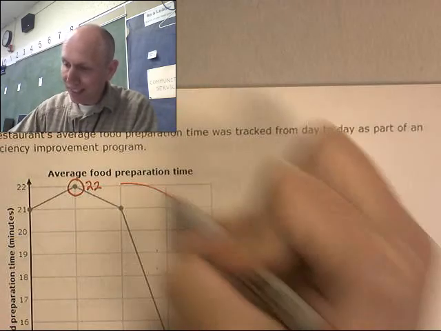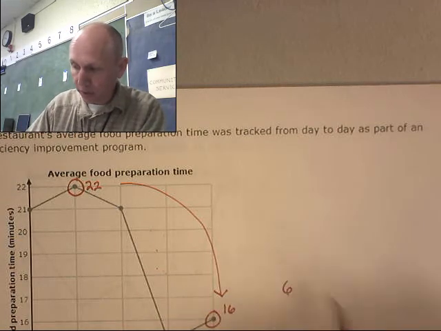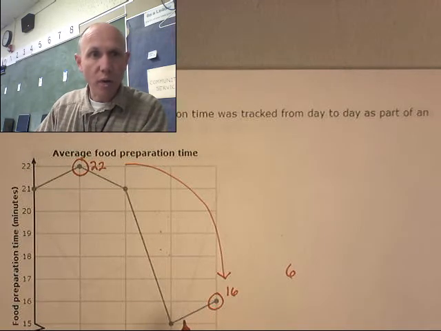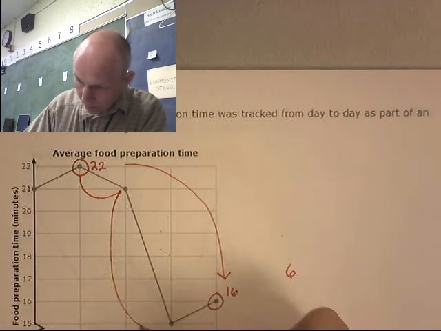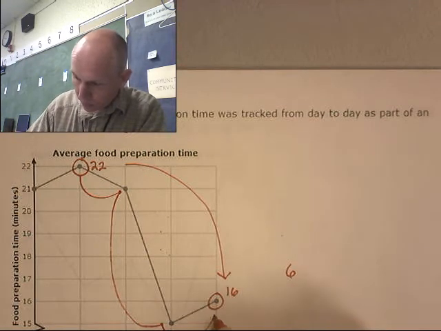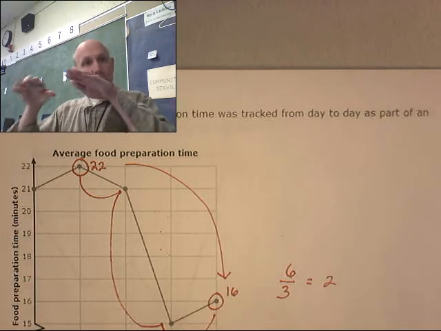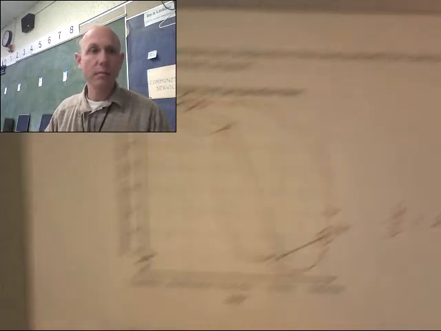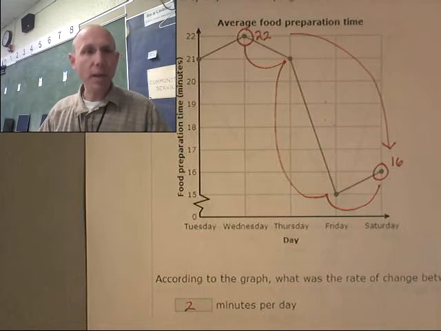So 22 to 16, that was a drop of 6. Right, from 22 to 16 was a drop of 6. But how many changes is that? That's over 1, 2, 3 changes. So that's as if it was just going down by 2 each time. So 2 minutes per day. All right?